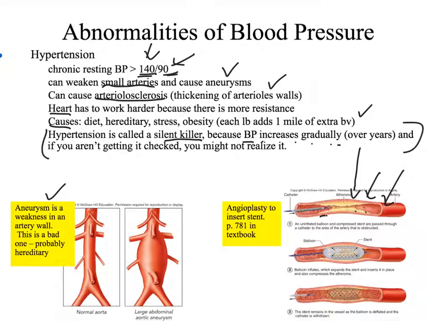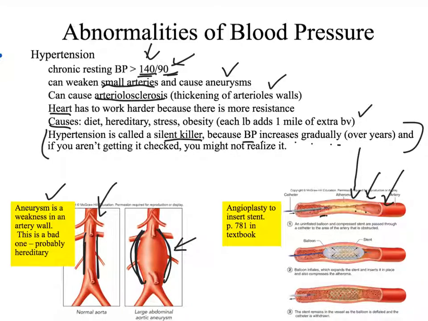Down here I have aneurysm, which is a weakness in an artery wall. This is a really extreme case because they're showing an abdominal aneurysm. Normally the wall is very firm and like a tube, but if you have an aneurysm, you can have a weakness in the vessel wall and it just starts to bulge, which is not good.